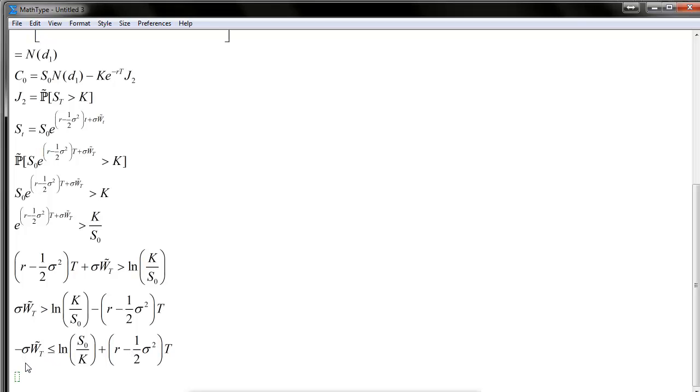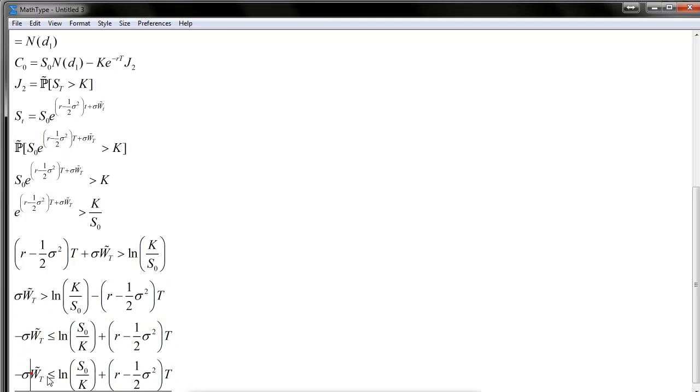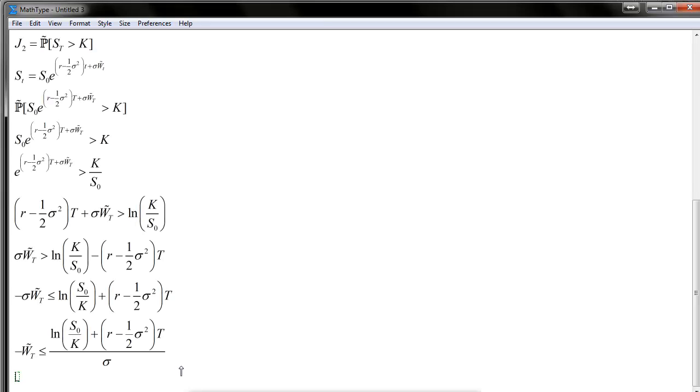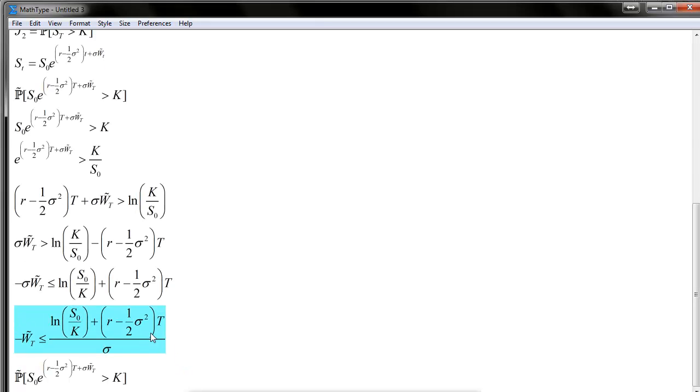We divide by sigma. And again, notice that we are looking for the probability of this to happen.